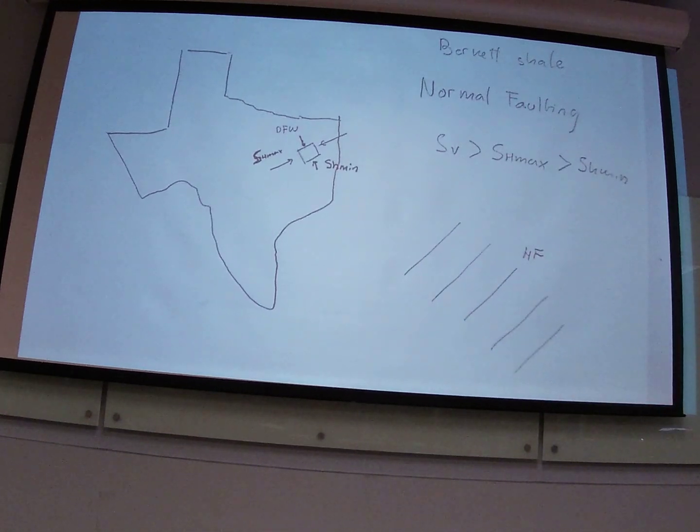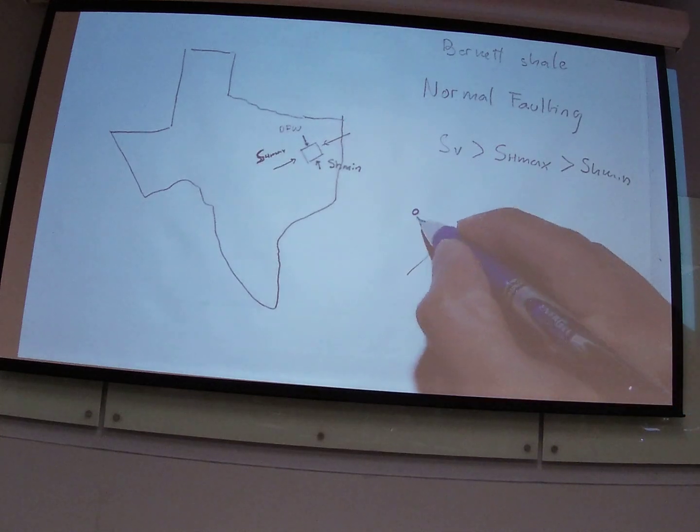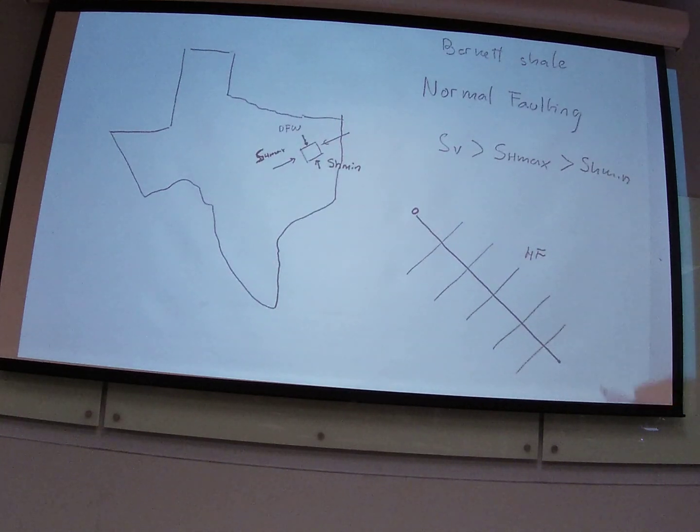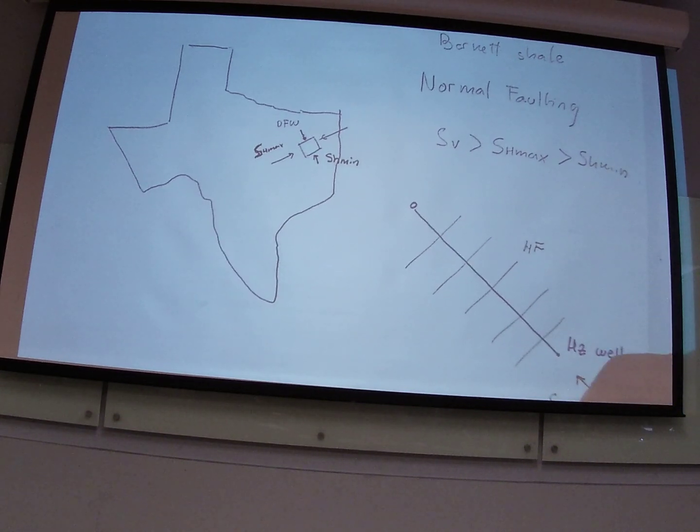And you may want to drill a wellbore, which is horizontal, and it links those. So that will be your horizontal wellbore, and it will go in the direction of SH min.